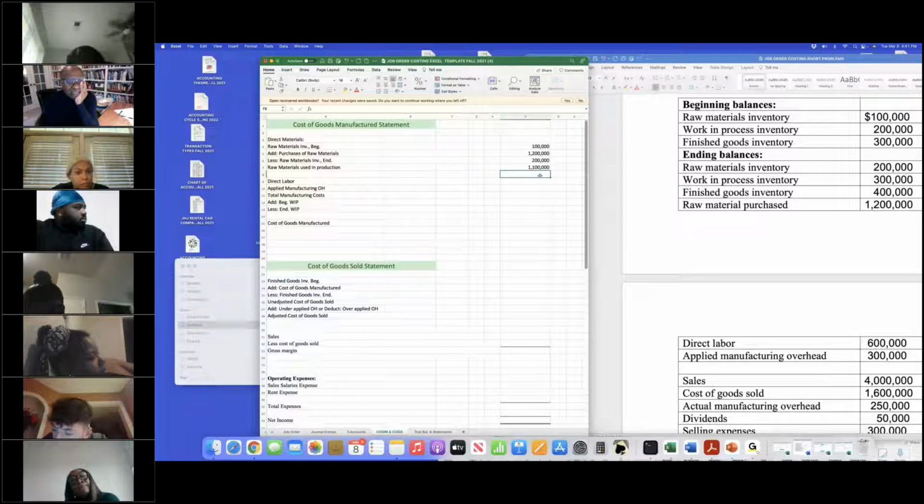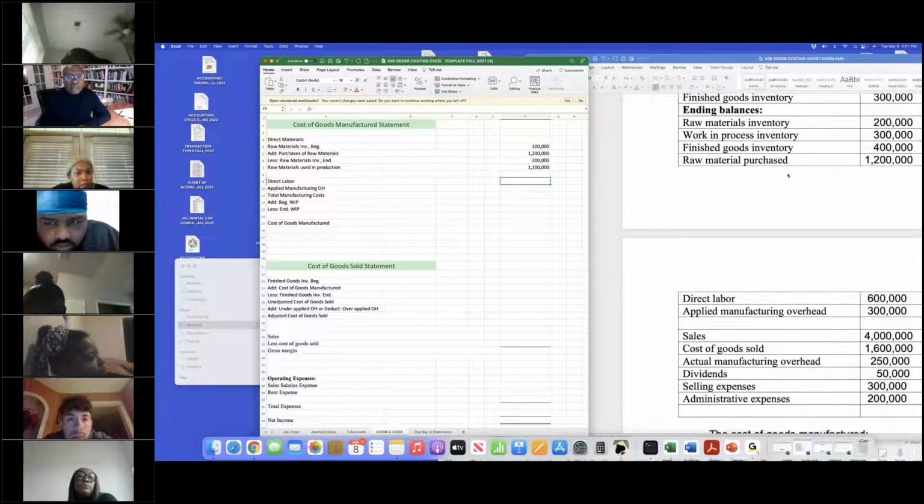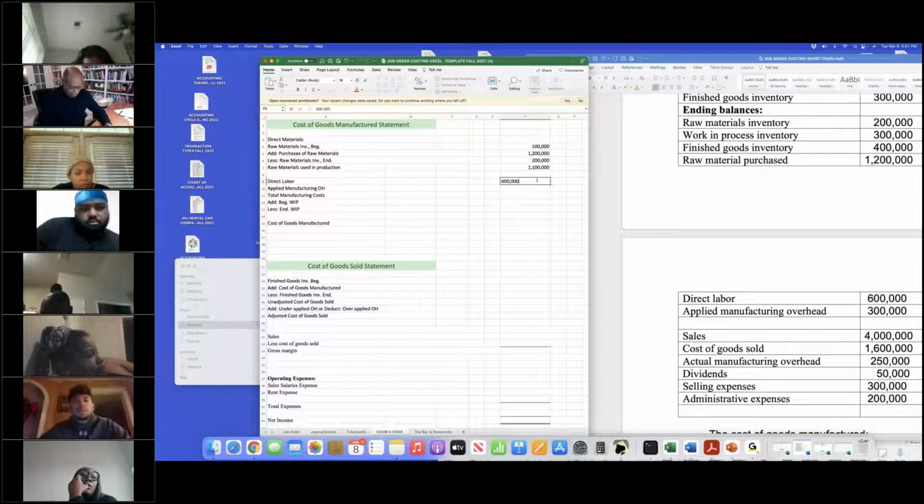Then we get to direct labor. How much direct labor did they have? 600,000. How much was the applied manufacturing overhead? 300,000.